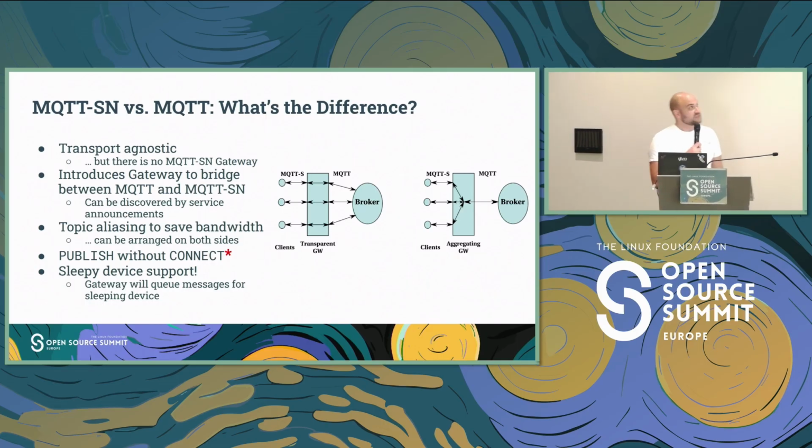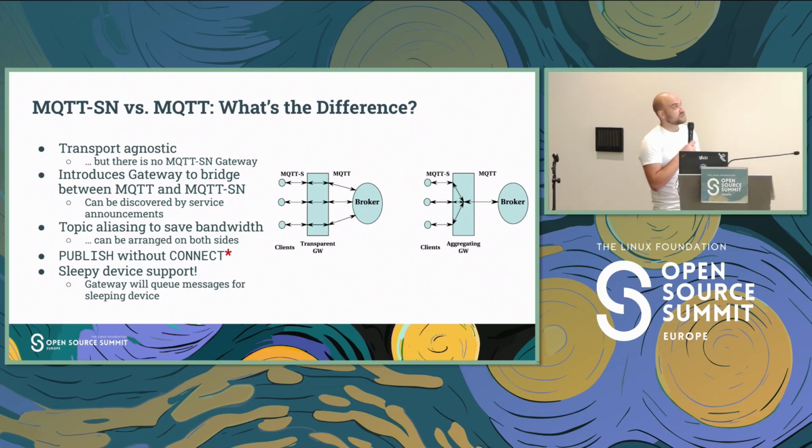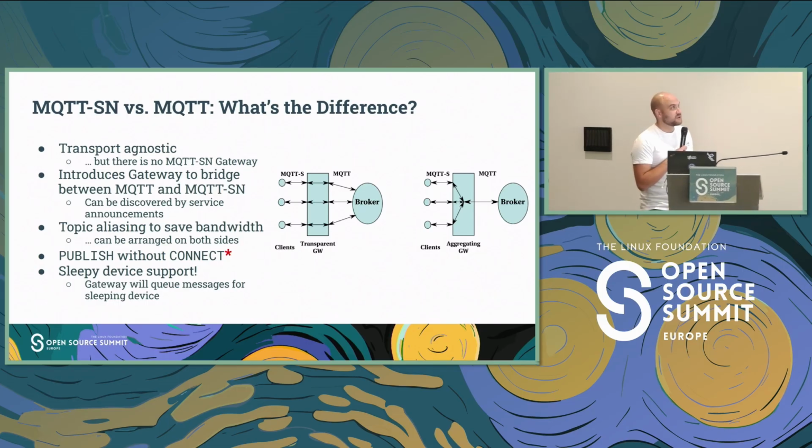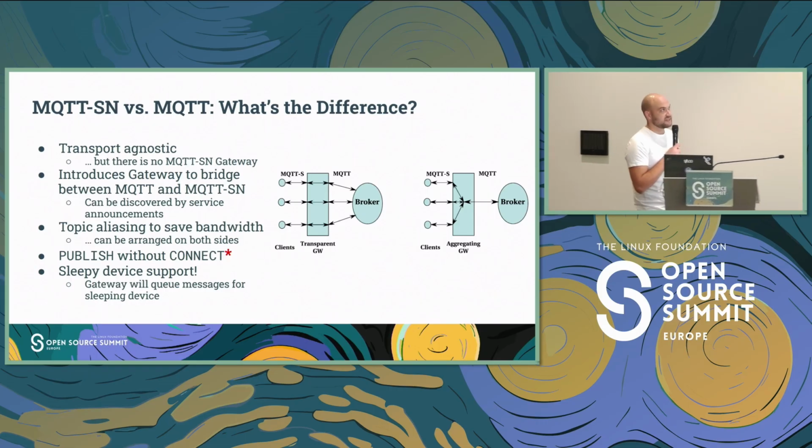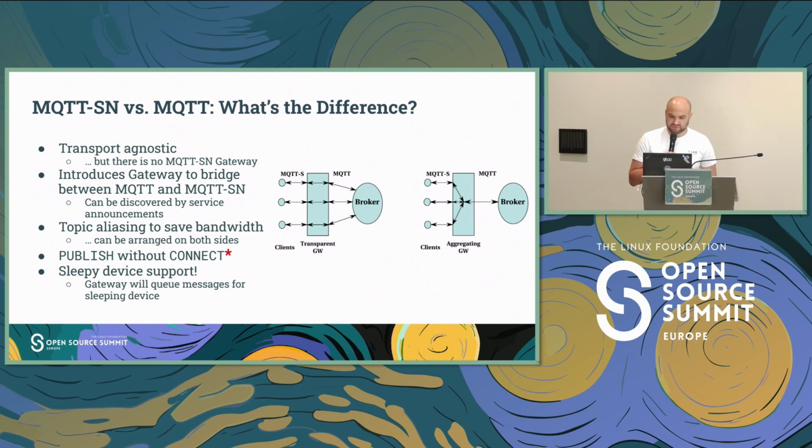What are the differences between the two protocols? As I said before, it should be transport agnostic. TCP/IP was the biggest problem, but also, as it should integrate well, there is no MQTT-SN broker, only the clients differ, not the rest of the infrastructure.